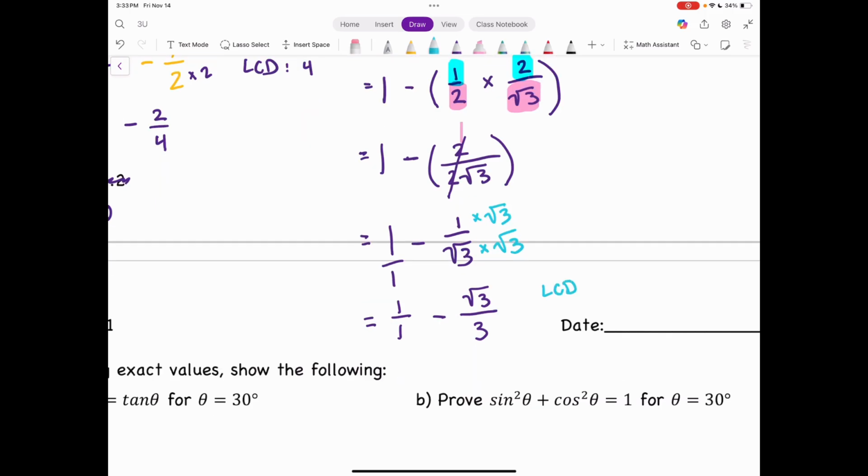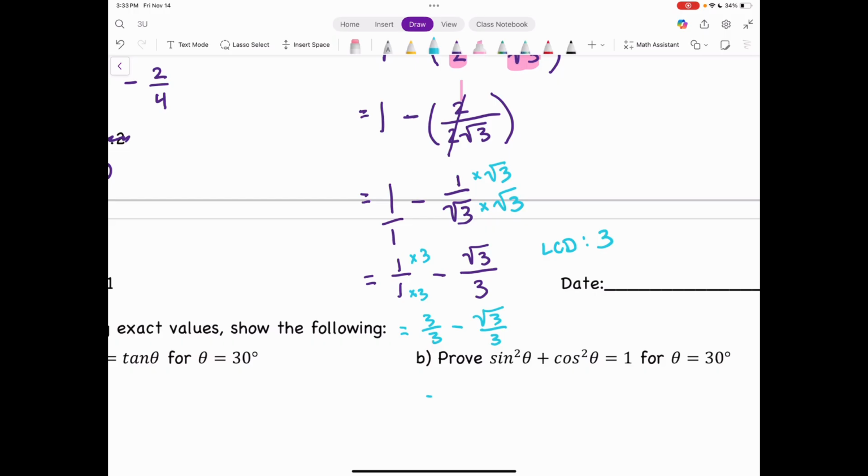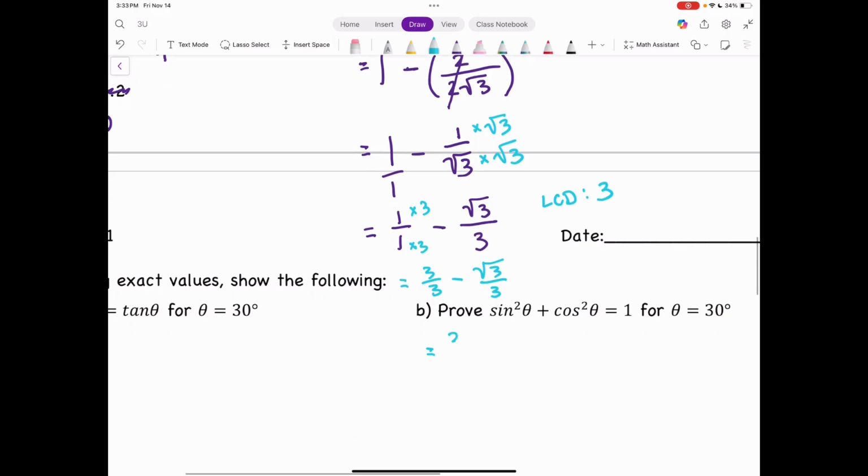The lowest common denominator now is just 3, so we're going to multiply this by 3 and this by 3. So we're going to have 3 over 3 minus the square root of 3 over 3, which equals 3 minus the square root of 3 all over 3. Okay, and that's your answer for this question.